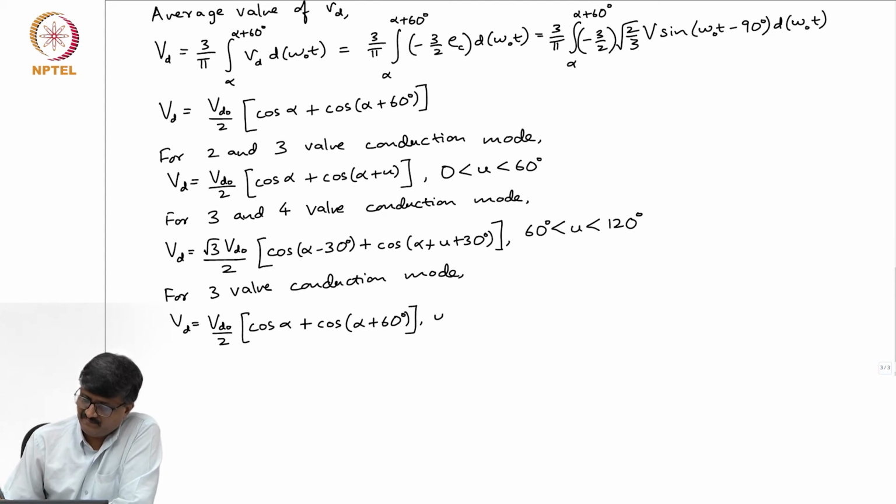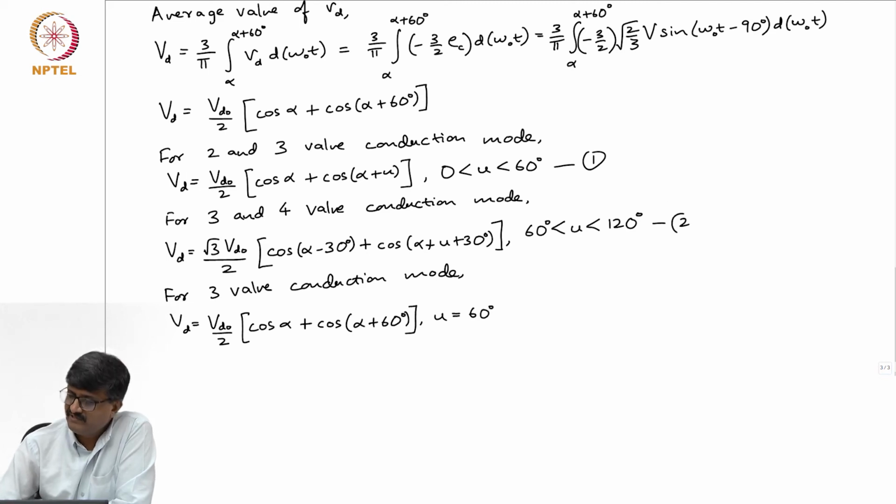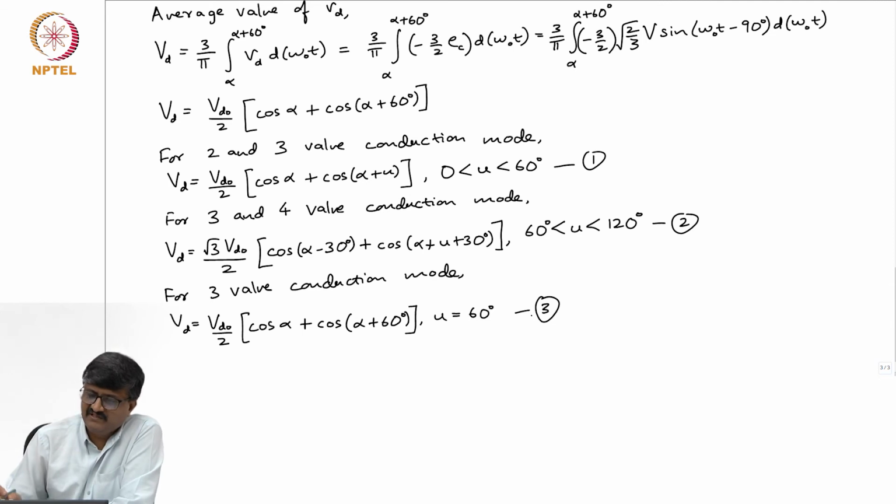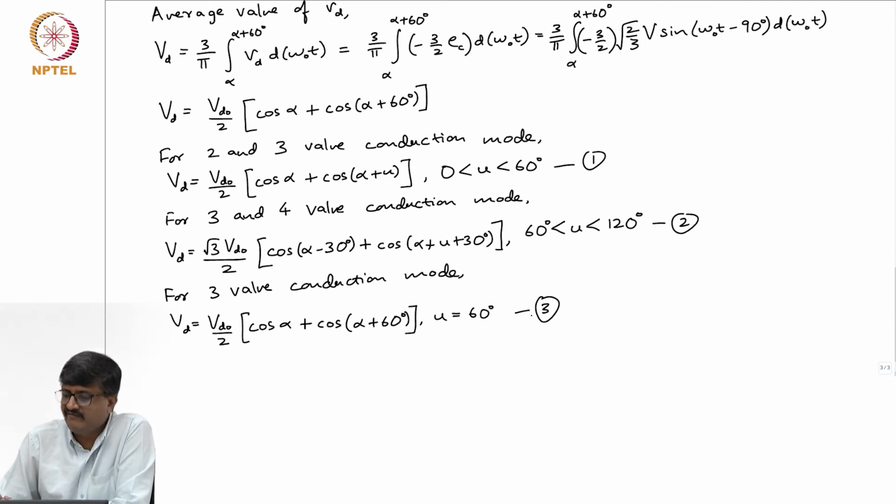So this is applicable for u equal to 60 degrees. So let me call this equation 1, this equation 2 and this equation 3. Now the idea is to show that I can just use equations 1 and 2, essentially showing that equations 1 and 2 are valid for u equal to 60.